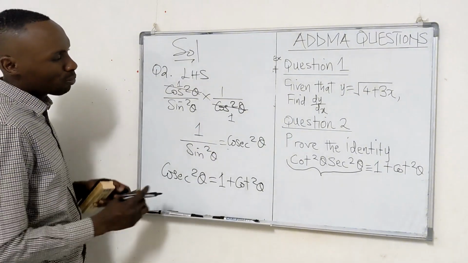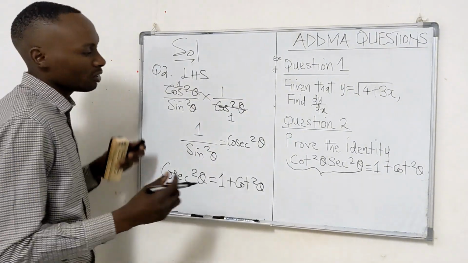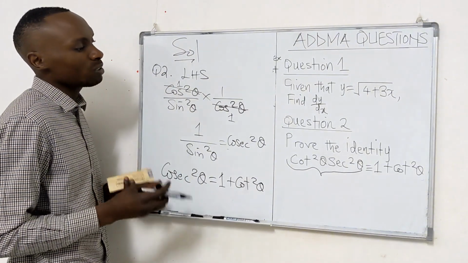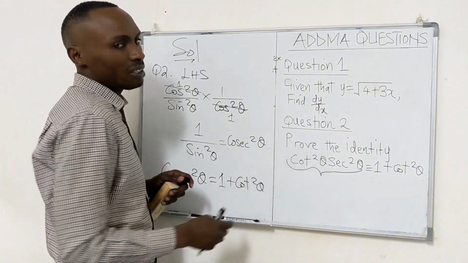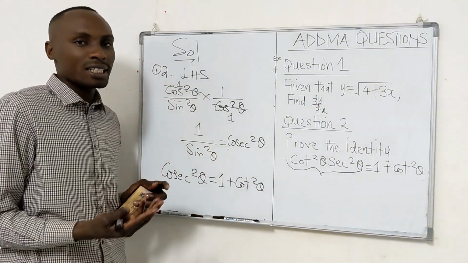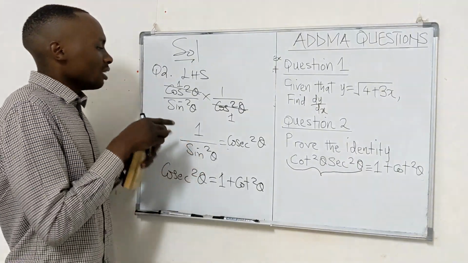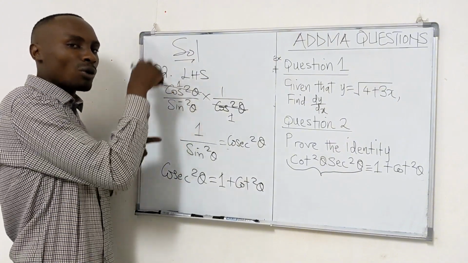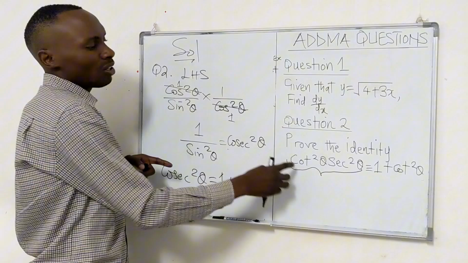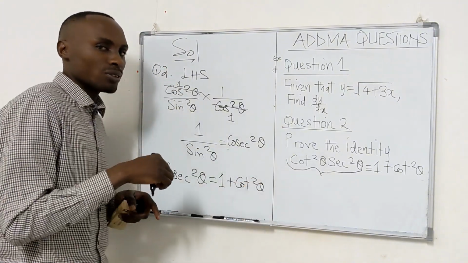So hence we've proved it. Okay, it's already shown. So what did we start with? We know that cot squared theta is the same as 1 over tan squared theta, and tan squared theta is sine squared theta over cos squared theta. So meaning that cot squared theta is the inverse of tan squared theta.